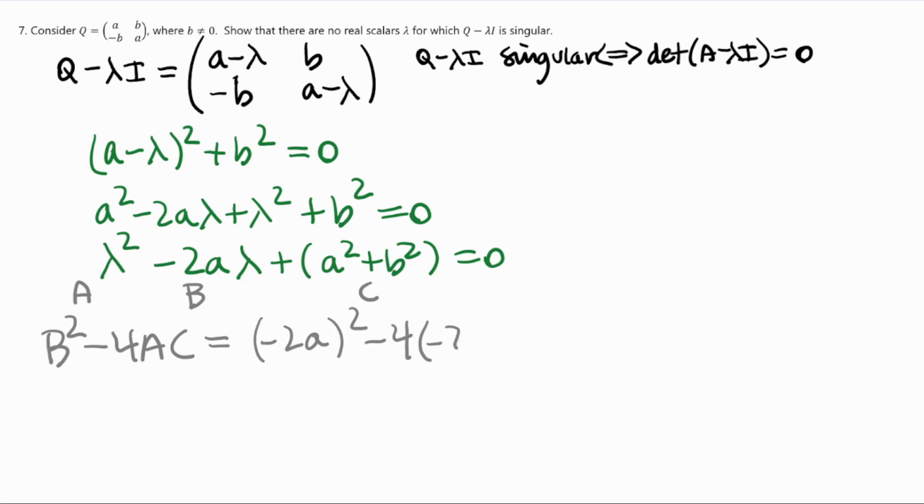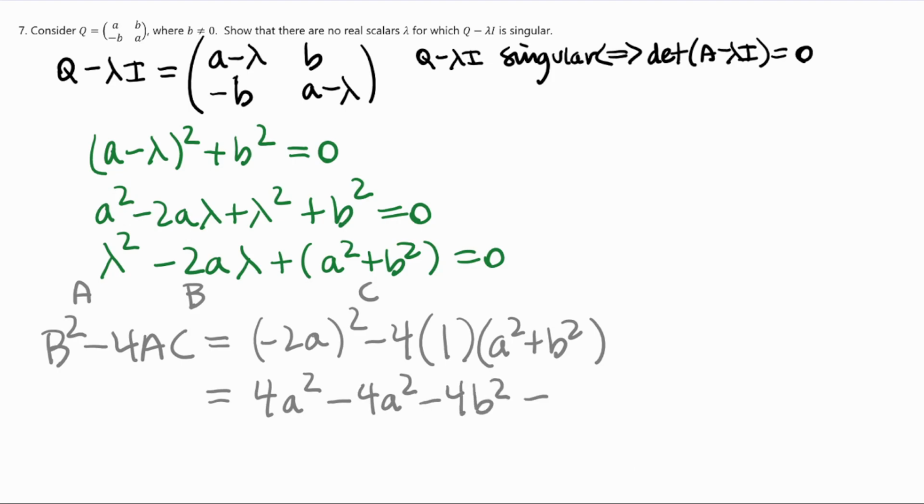Nope, a is 1, not negative 2a. So a is 1, c is a squared plus b squared. All right, and we're going to square that negative 2a, and we're going to get positive 4a squared minus 4a squared minus 4b squared. That's going to equal negative 4b squared. And negative 4b squared must be a negative number.